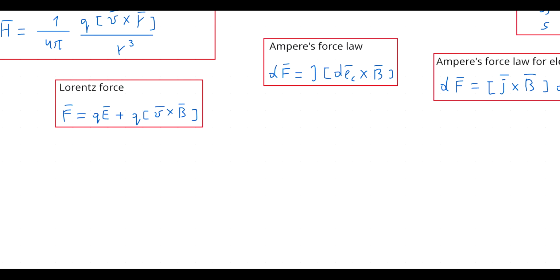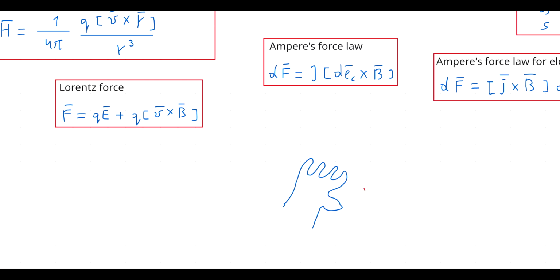Let's imagine our left hand, and the magnetic induction vector should be directed to the palm.